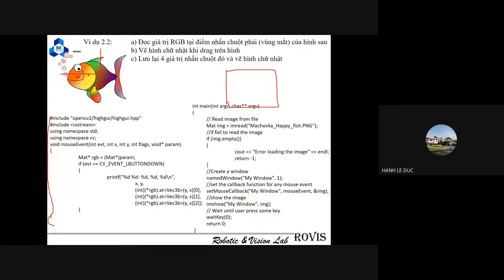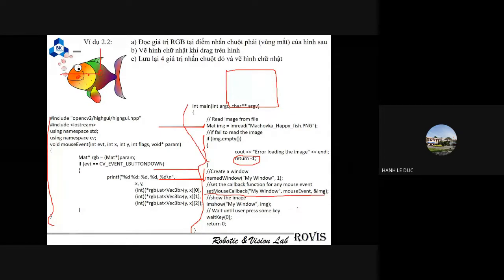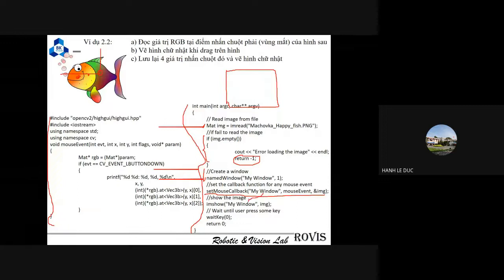To use it, it's not typical here. You can see that this is the main program, and then just define the image. If the image is not loaded, then finish the program. And if we have the image, okay, go to the next one here. This is the function, the set mouse callback, and this one is the name of the window, and this is the callback function.